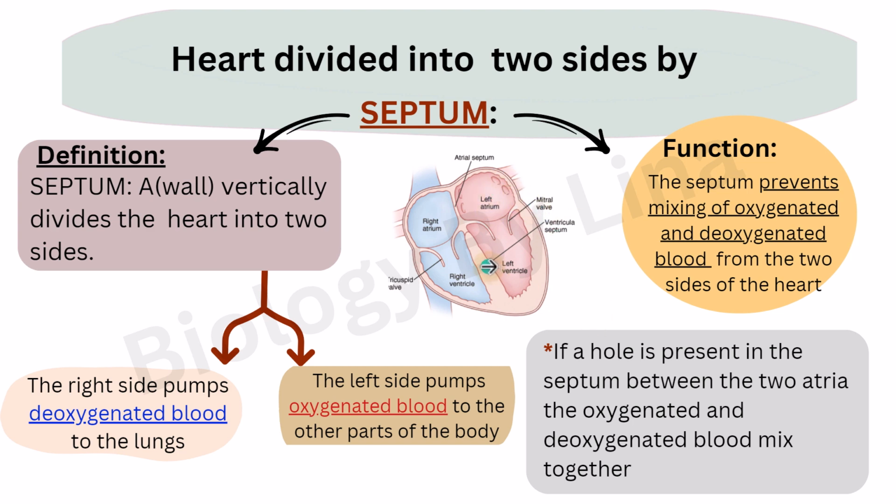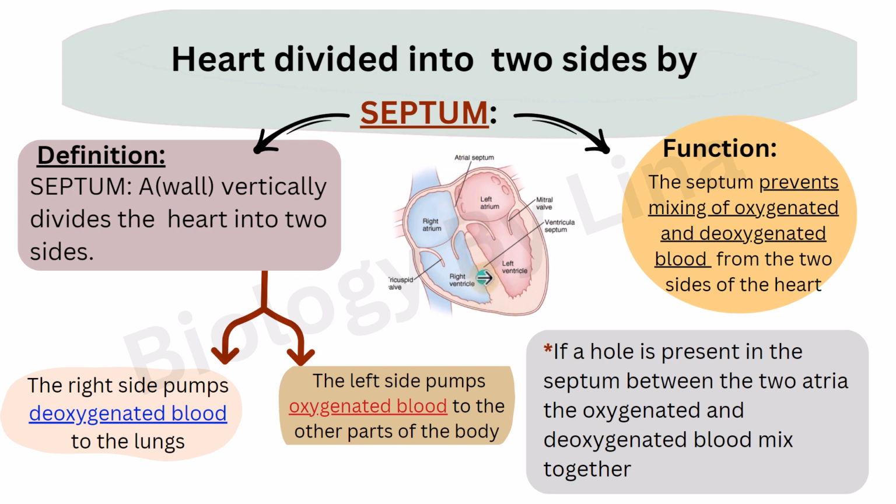What is the function of the septum? The septum prevents the mixing of deoxygenated and oxygenated blood from the two sides of the heart. As you see, it separates them.